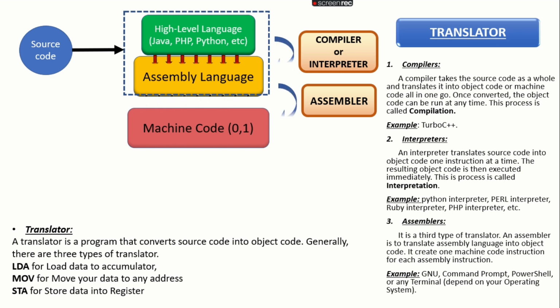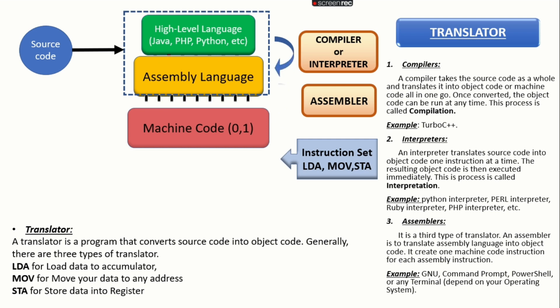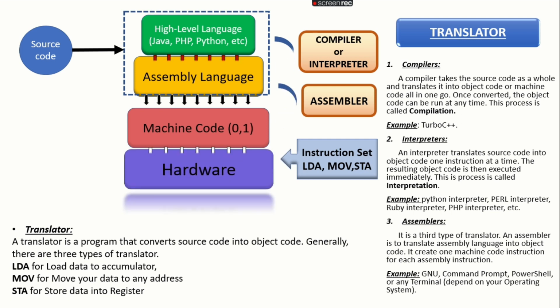This assembly language program consists of a number of instructions like load, means LDA, load to accumulator, store, STA, store to accumulator, ADD, means add any two numbers, etc. Means this program has been translated into a set of instructions. So this set of instructions is converted into machine language or binary code or 0 and 1.